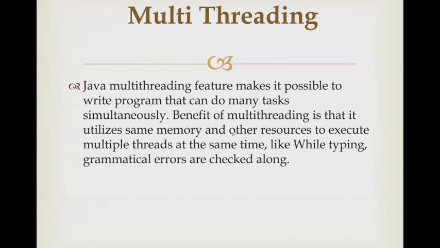Both these things can run in parallel on the Java machine. With the introduction of Java 8, we can also do parallel programming in Java besides multi-threading. These are very powerful features that we have control over in Java which were absent in C or C++.